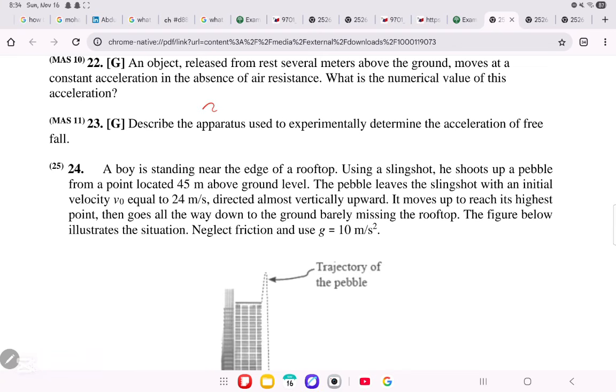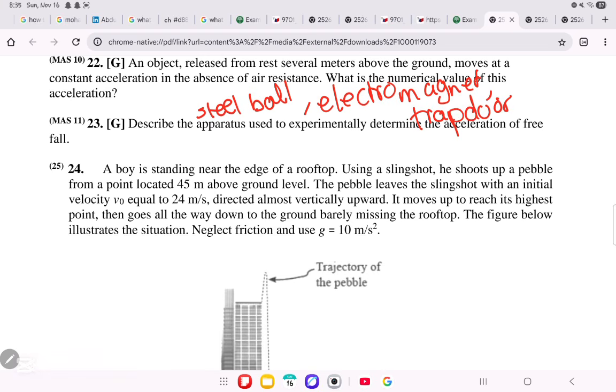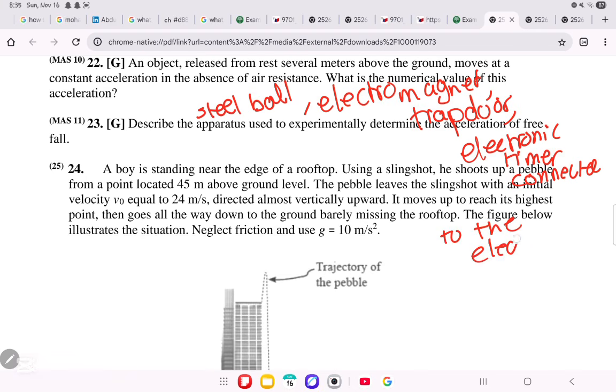I think I wrote steel wrong. Steel ball. We need an electromagnet. We need a trapdoor. We need an electronic timer connected to the electromagnet and the trapdoor.